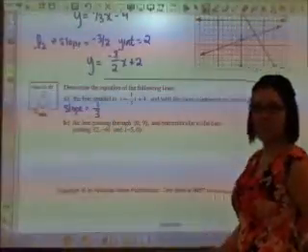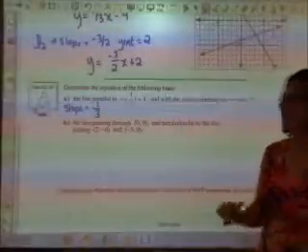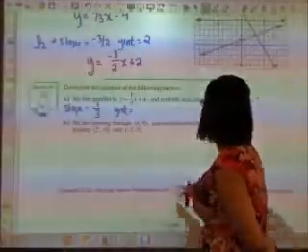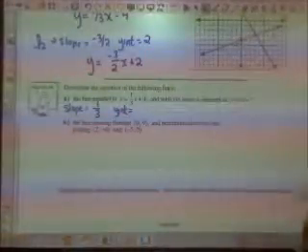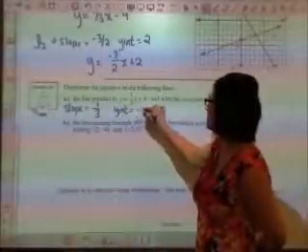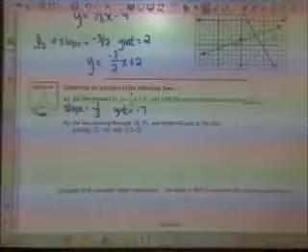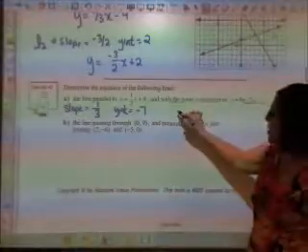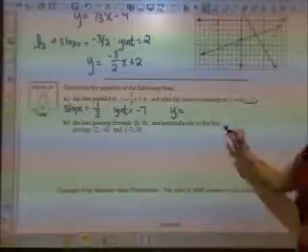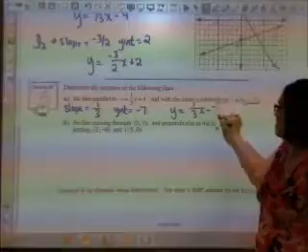Parallel lines have the same slope. If the y-intercept is the same as this equation, it's -7, because the y-intercept is that b value. So this equation will be y equals 1/3 x minus 7.